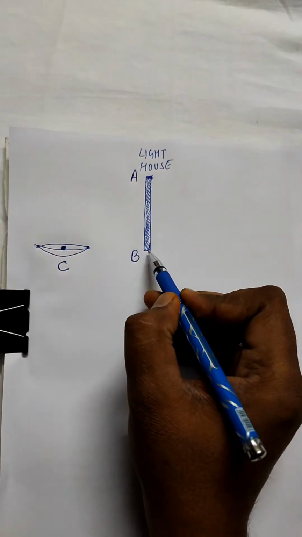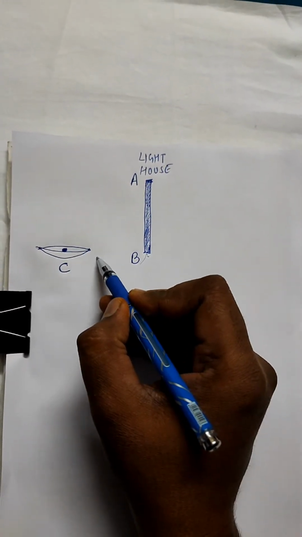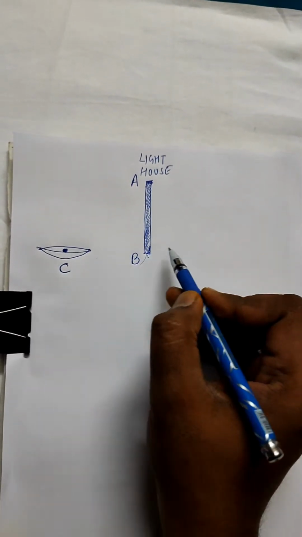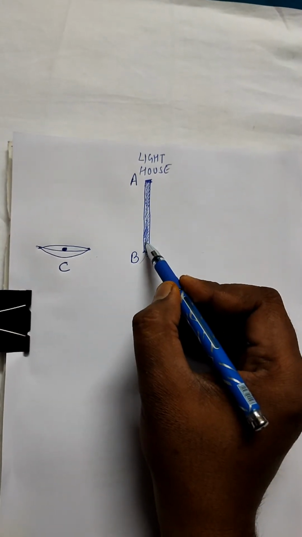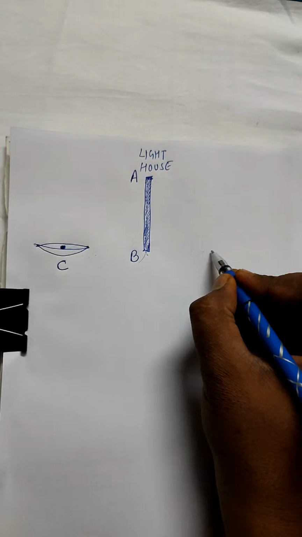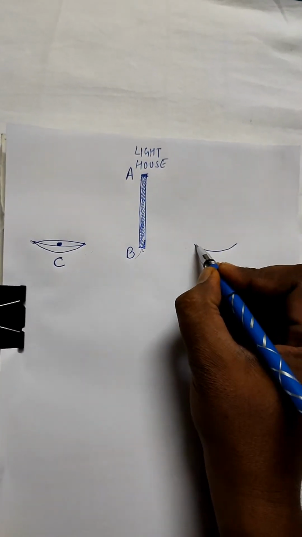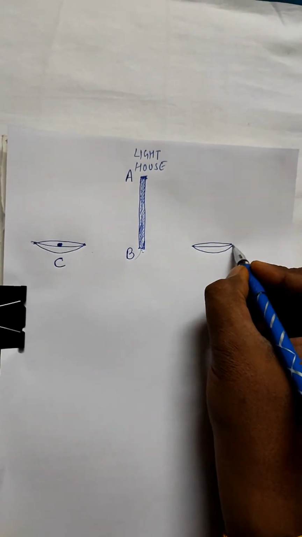So the angle of depression of two ships on the opposite sides of it. That means if this is the lighthouse, one ship is on this side and the other ship is on the opposite side of it with respect to this lighthouse. Then another ship is here, right?